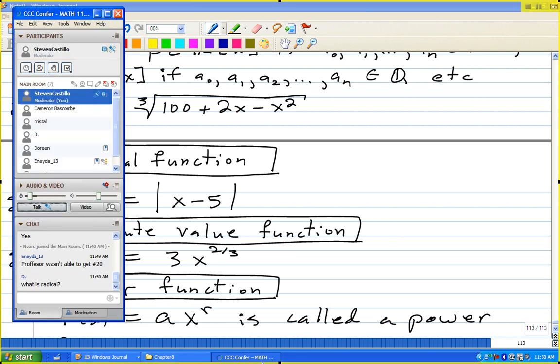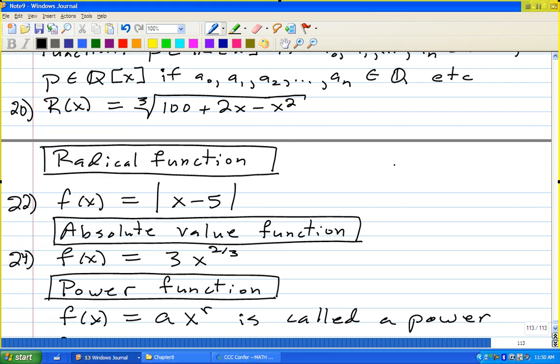What is a radical? That's a radical. So whenever you have that symbol, that's called a radical. The cube root, square root, fifth root, this is called the radical symbol.